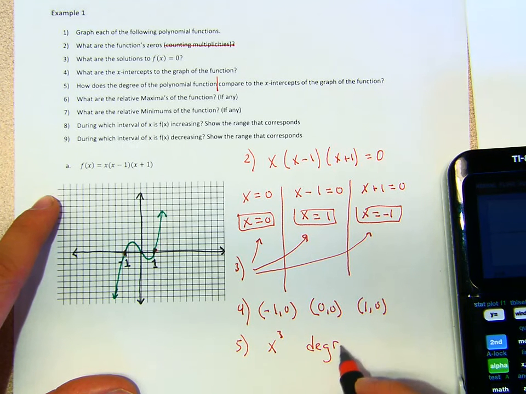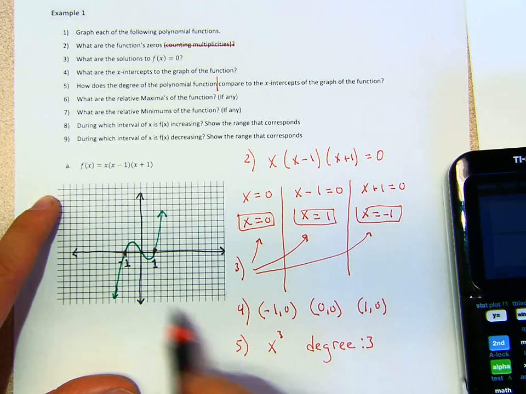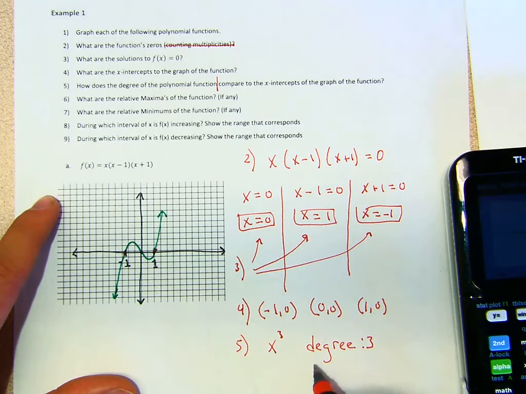So the degree is 3. And notice that if I have degree 3, how many intercepts do I have? I have 3 x-intercepts. Okay? And this doesn't mean that if the degree is 3, it has to have 3 intercepts. It means that at most, they could have 3 intercepts, but we'll talk about that soon.